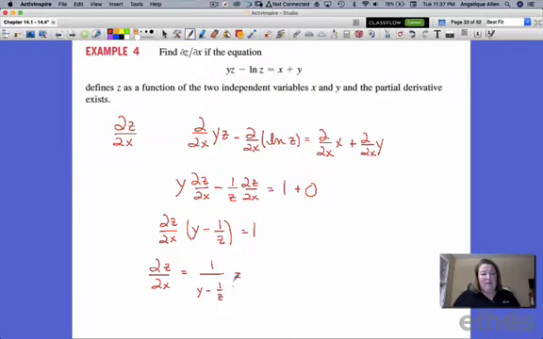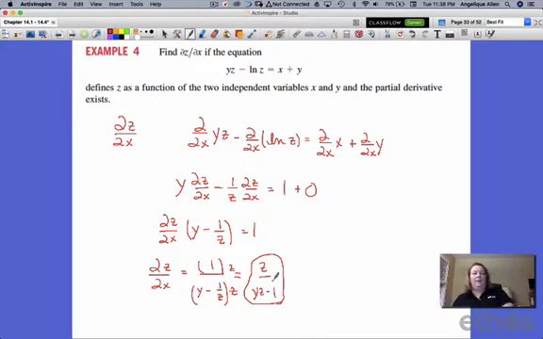I'm going to multiply top and bottom both by z to get rid of this complex fraction. We're going to have z over (yz minus 1). There is the derivative of z with respect to x. That might take a little practice, actually, to become comfortable with that calculation.